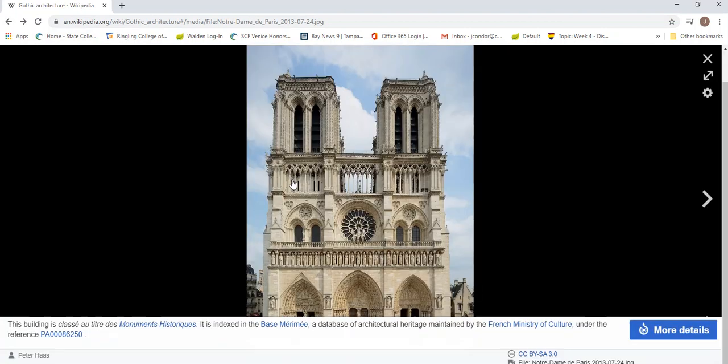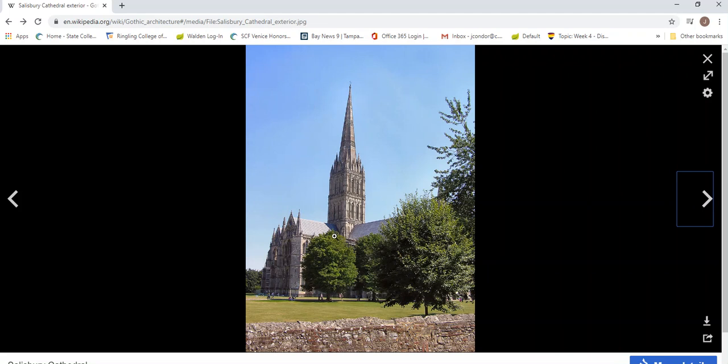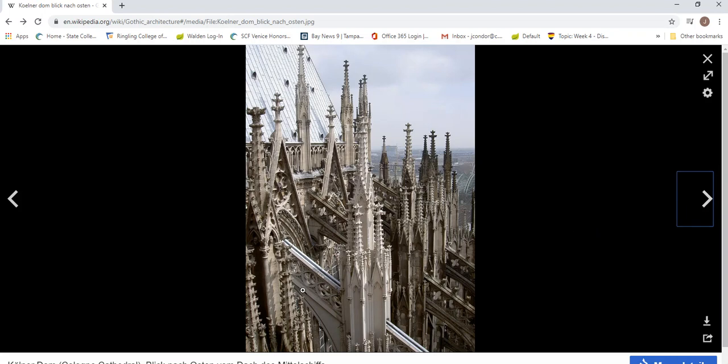Okay, so there are other buildings. If you look through the Salisbury Cathedral, again another famous building using Gothic architectural designs.